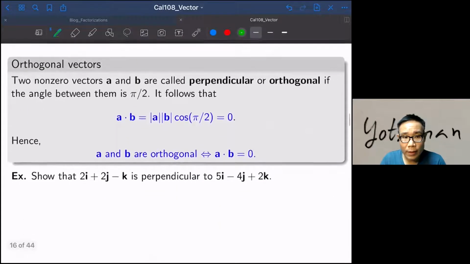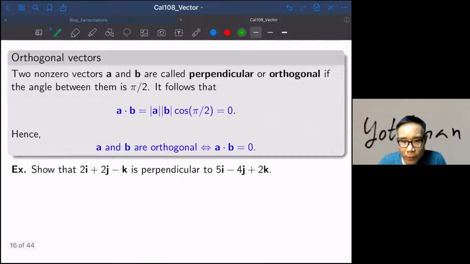The next one is about when you have two vectors and you'd like to determine whether they are perpendicular or orthogonal.